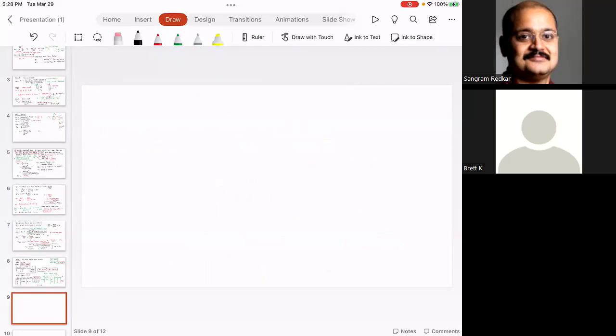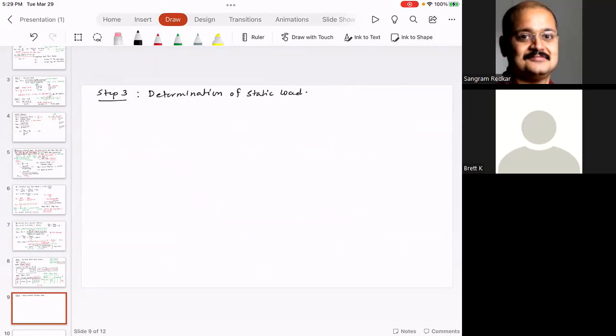So step 3, determination of static load. Here we want to find the static load.